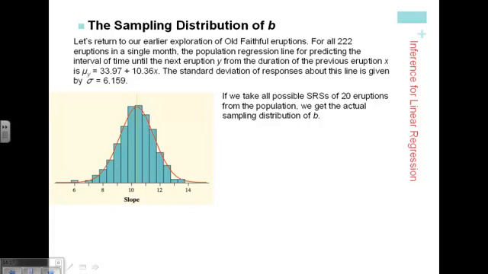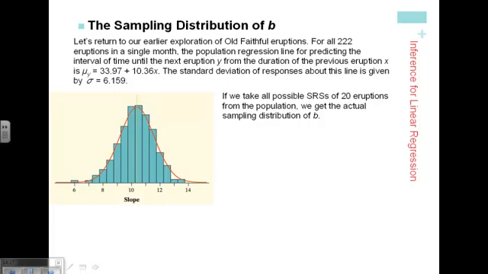You get b after b after b. Those b's won't always be the same because sampling variation causes them to change over time. This is in fact the sampling distribution from many samples of size 20 taken from those 202 eruptions of Old Faithful.